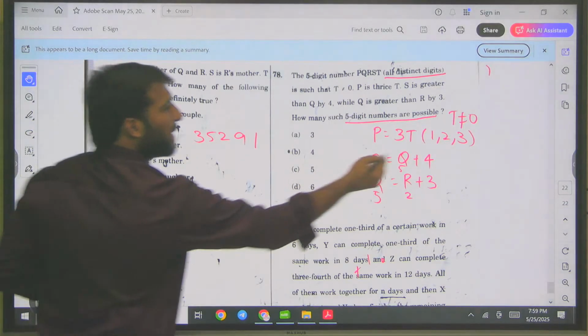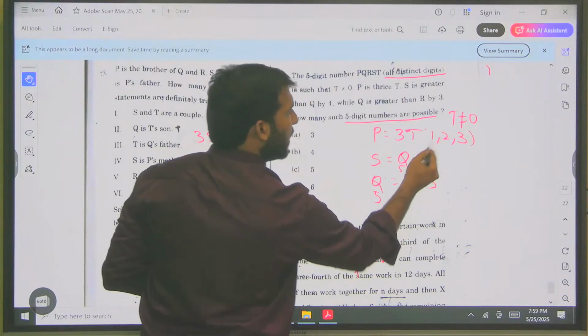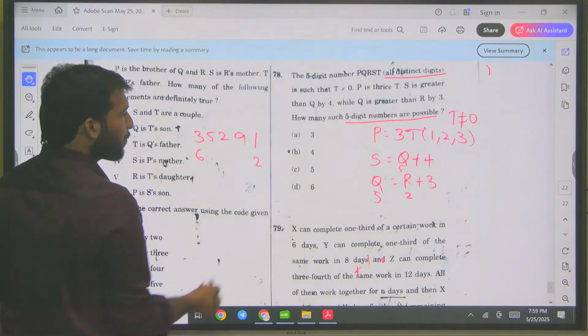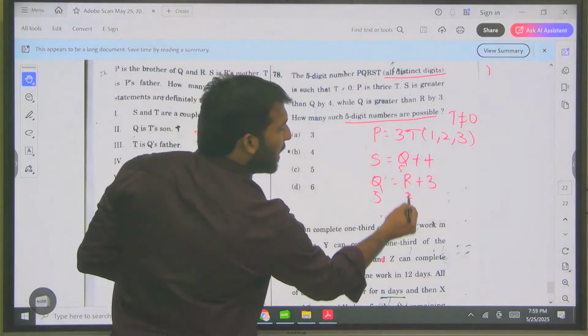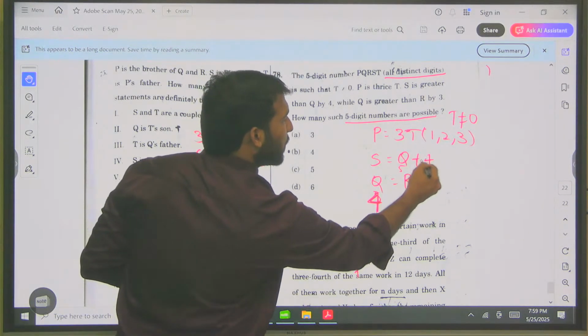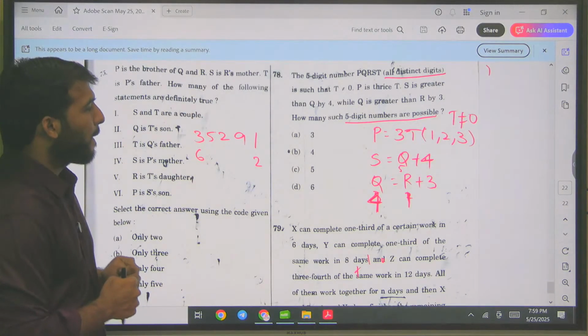Next, if I am considering T value as 2, then P is 6. Now I am considering R value as 1. When R value is 1, Q value will be 4.